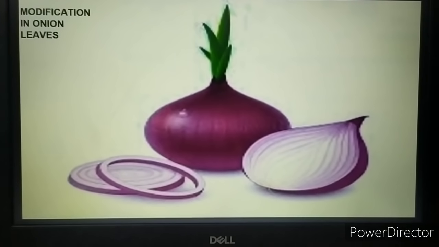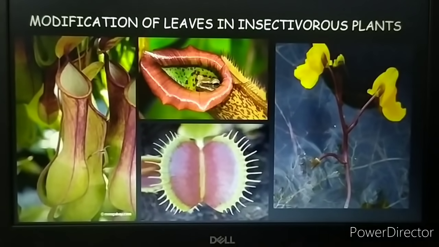Now, the next topic which we have to discuss is modification of leaves in insectivorous plants. Here, you are going to learn about insectivorous plants like bladderwort, pitcher plant, and Venus flytrap.